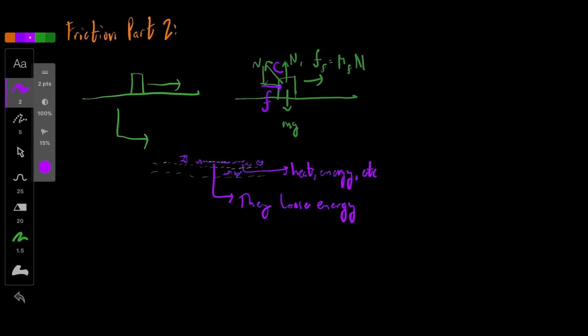So now we know that this is how it works, but how does the contact force work? What else can we realize from this contact force? Well, number one, let's draw a new diagram so I can explain this.